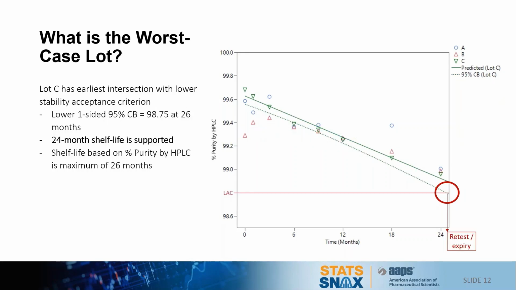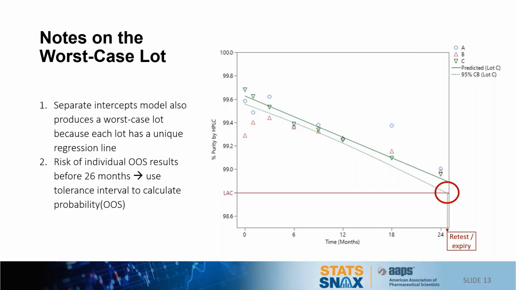This plot shows the appropriate way to represent the regression line that sets the shelf life based on lot C, the worst case lot. Using this analysis, a 24-month expiry is supported with up to a maximum of 26 months. Note a few things about this analysis. The separate intercepts model still has a worst case lot since each lot has its own intercept and one line is presumably closer to the specification, even if the lines are parallel.